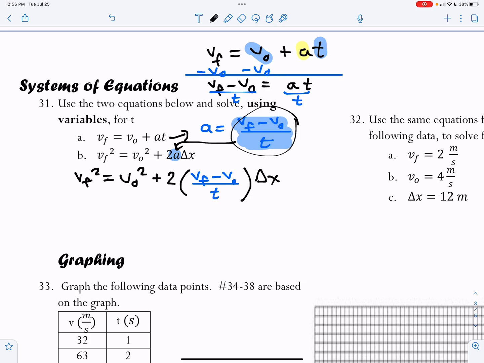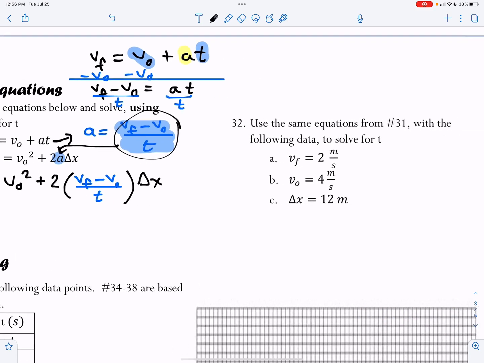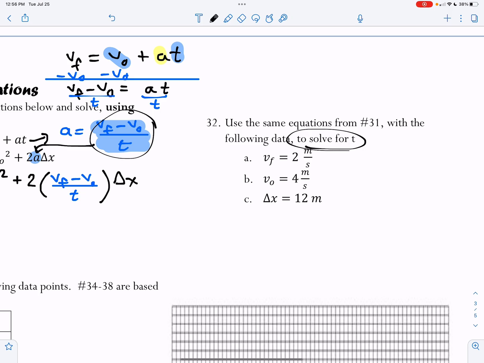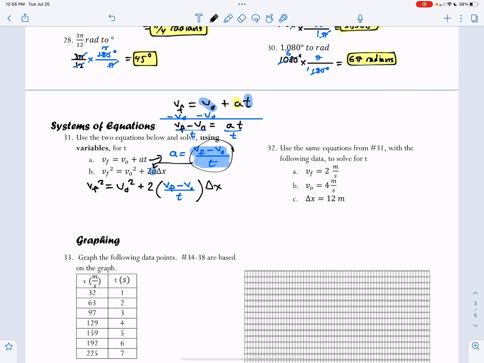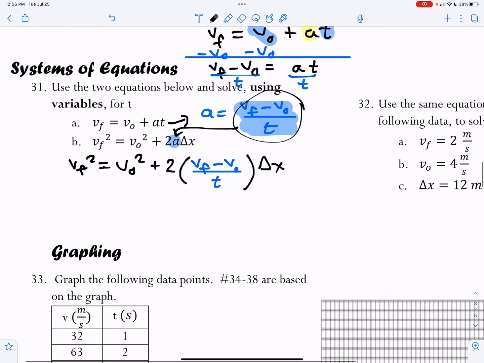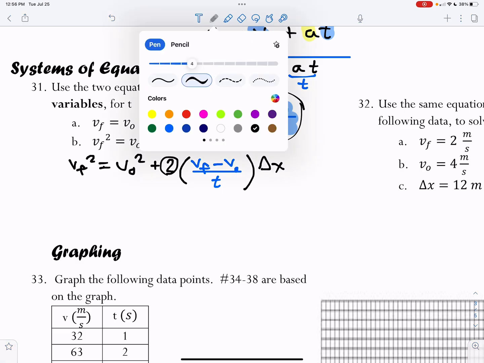Now ultimately I want to try and solve for T. That's what number 32 is asking me to do, solve for T. So let me clean this up a bit. First I'm going to combine the two A X terms, and I'm going to subtract V naught squared from both sides. That's my first step.